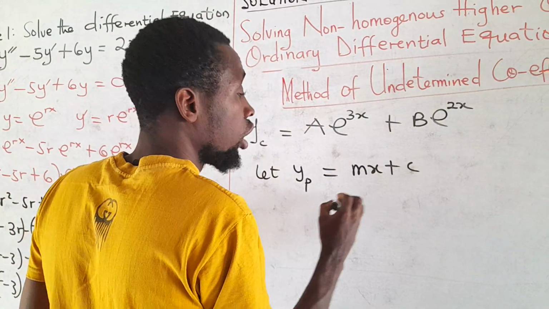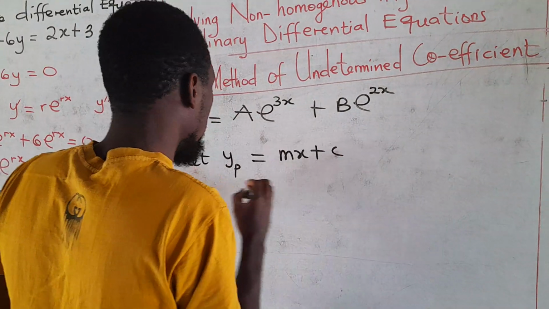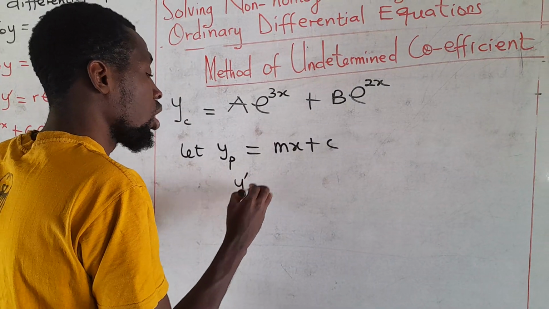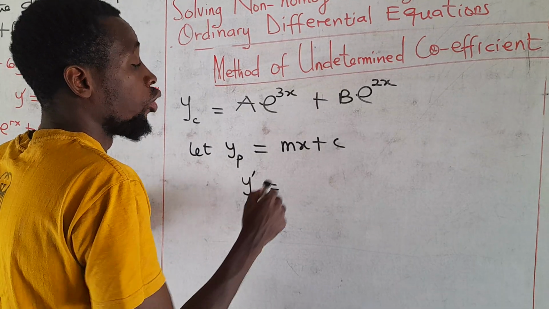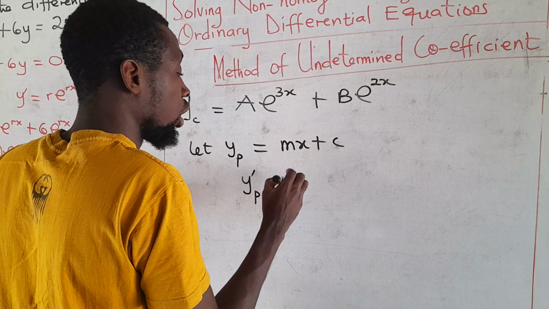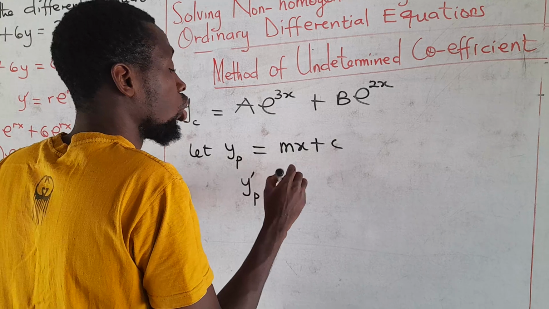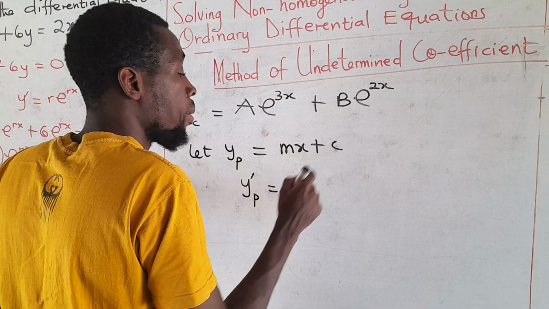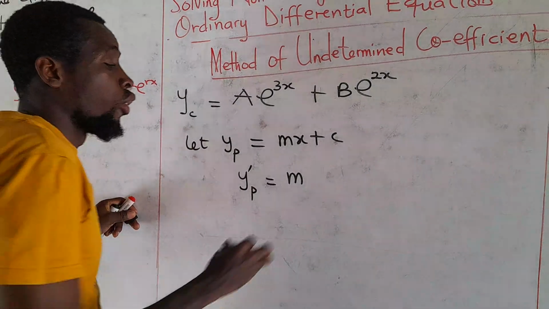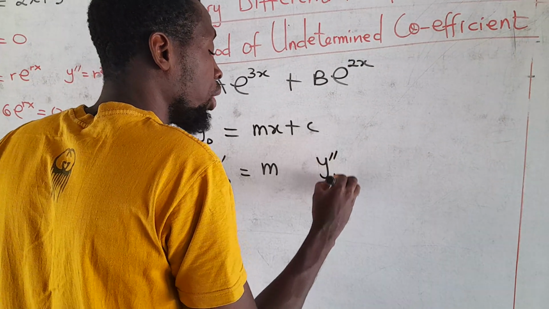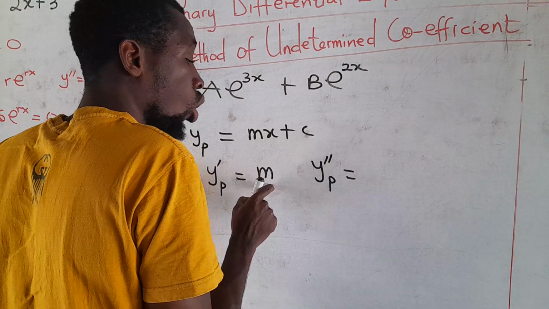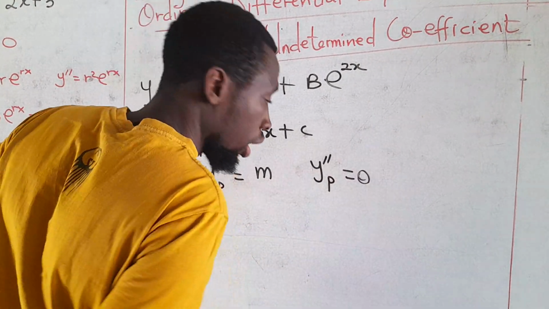So we find y prime of p. We differentiate this function with respect to x, so we have m. This is a constant. Then we find y double prime of p. This is a constant, and when we differentiate, that becomes 0.